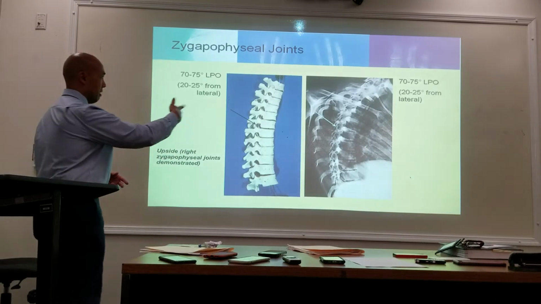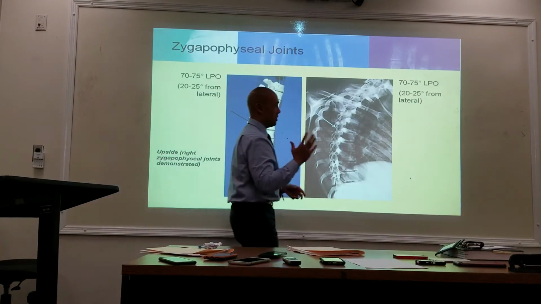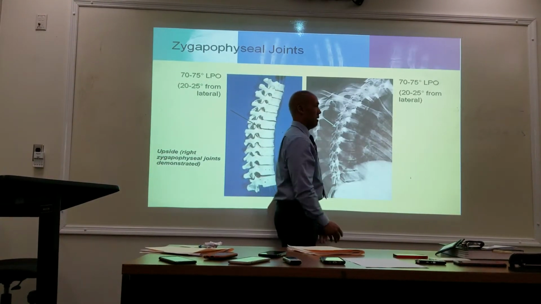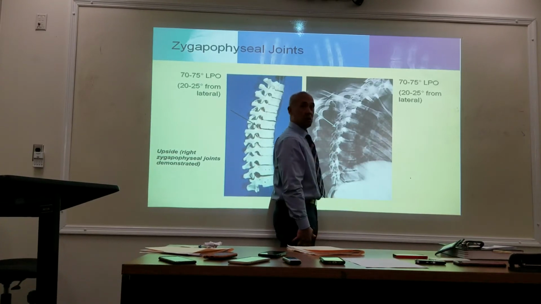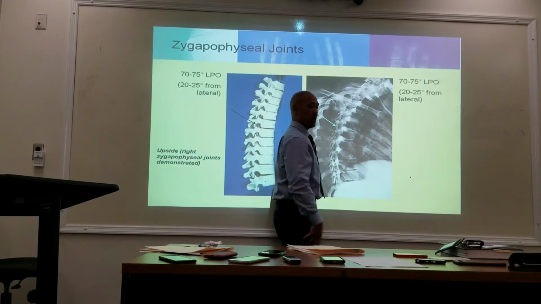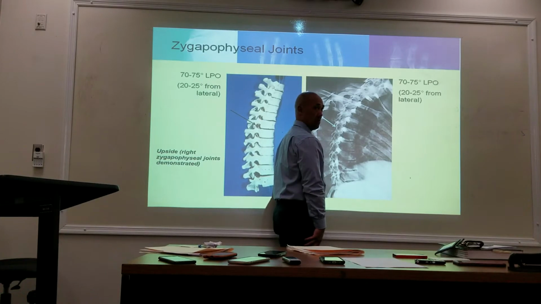So if you look up here, in a lateral position, you're going to rotate your patient just about 20 degrees. Again, it's very slight. You can either do it posteriorly or anteriorly.